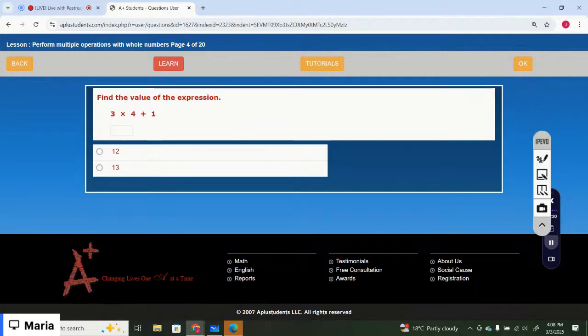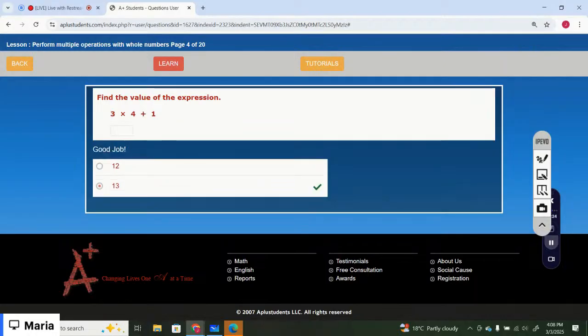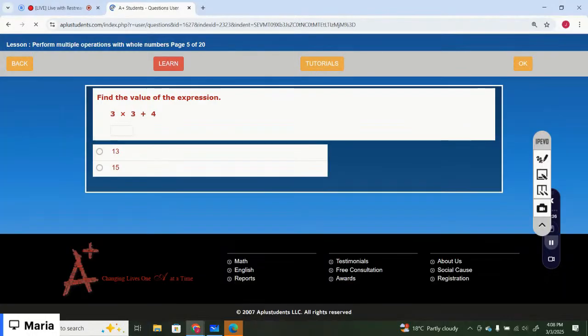Very good. So 13, option number 2 is the correct option. Find the value of the expression.